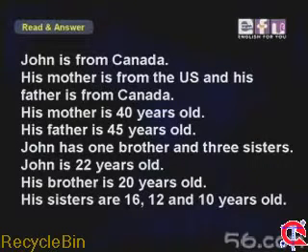His mother is 40 years old. His father is 45 years old. John has 1 brother and 3 sisters. John is 22 years old. His brother is 20 years old. His sisters are 16, 12, and 10 years old.